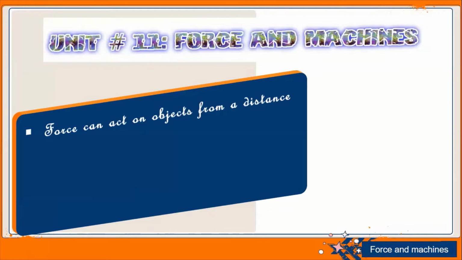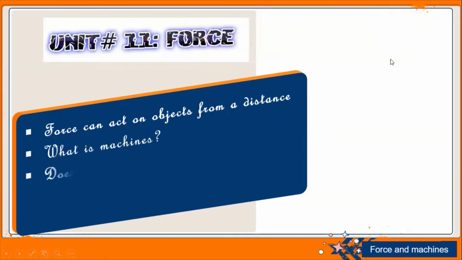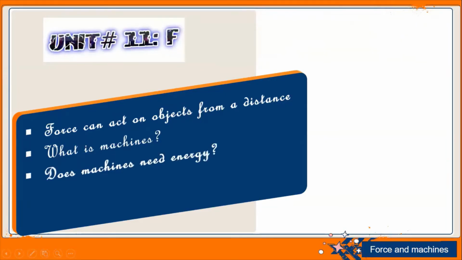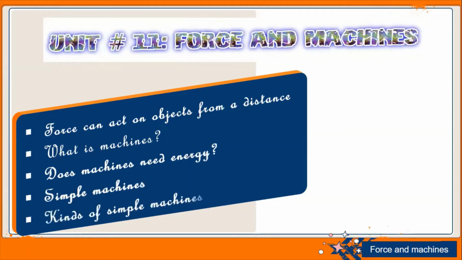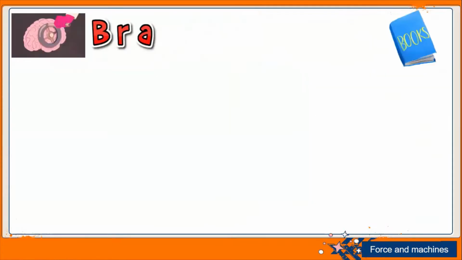After that, we've already done reading of book pages number 87 and 88 during June class, in which our topic was about machines. Machines need energy, simple machines, and kinds of simple machines. So let's get started, students.